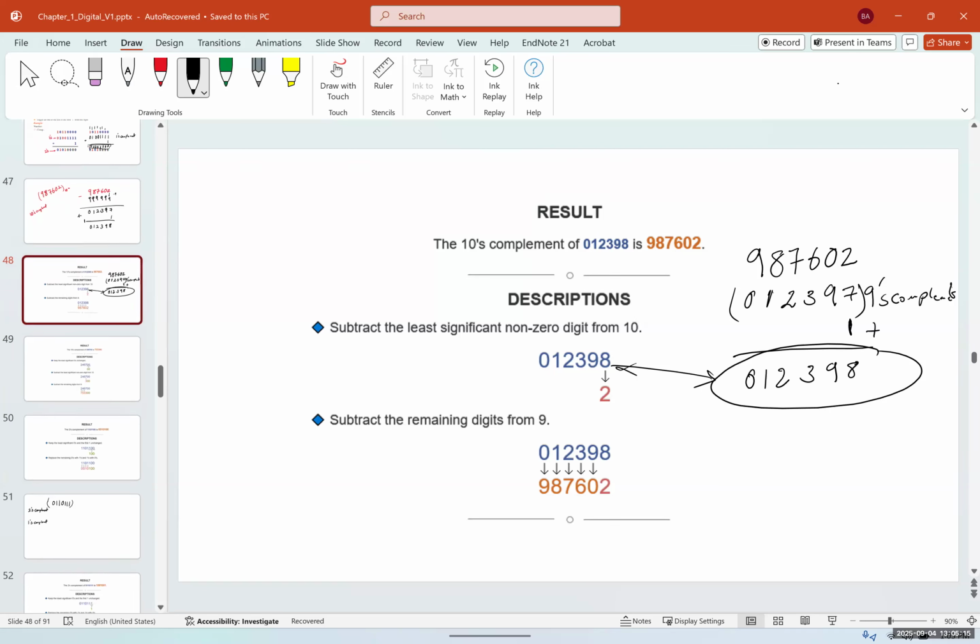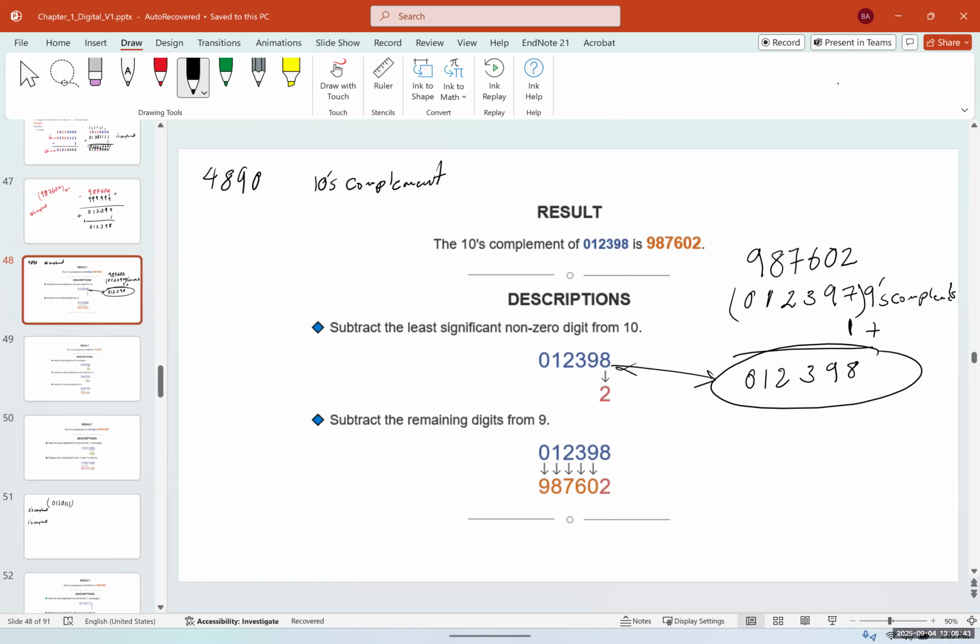Now, you may ask, what if the least significant number is 0? For example, if I want to find the 10's complement for 4890. Obviously, if you subtract 0 from 10, you get 10, and you can't put 10 here.